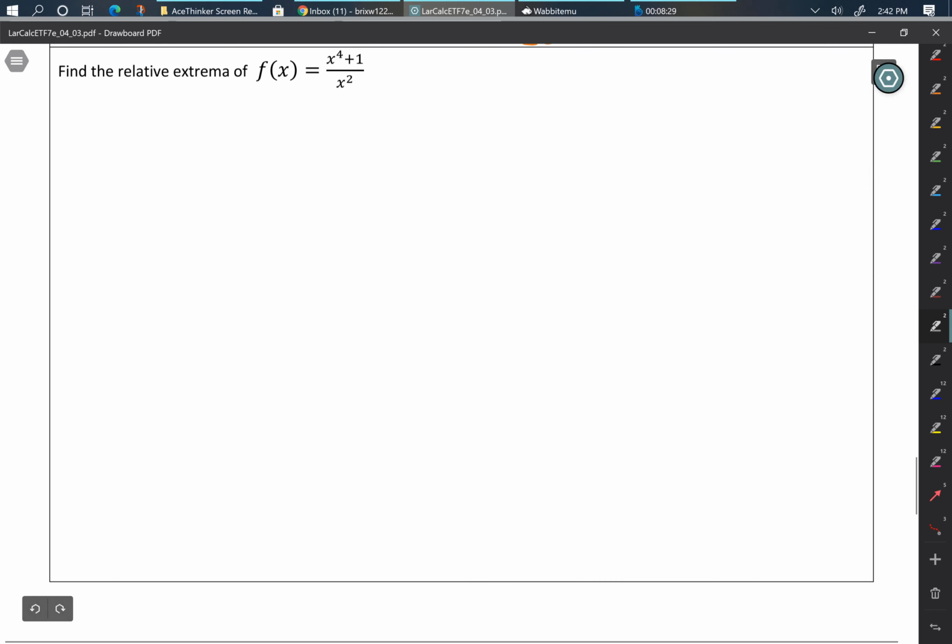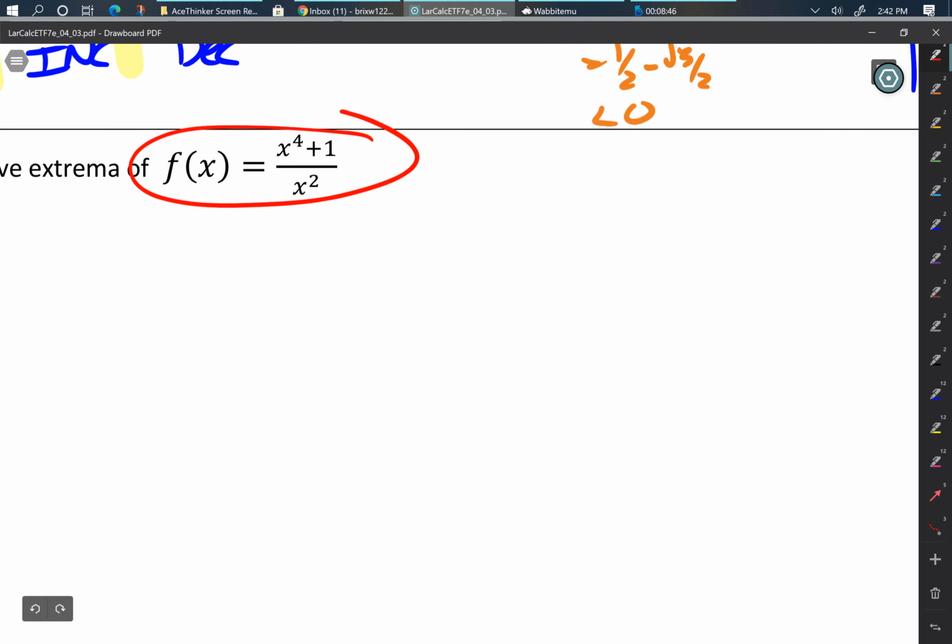Another one of the same thing. Find the relative extrema of a problem. So I'm going to do the same thing I just did. Step 1, find my derivative. But I'm not a huge fan of how that's written. Wouldn't it be easier if it wasn't written so messy? I don't want to use the quotient rule.